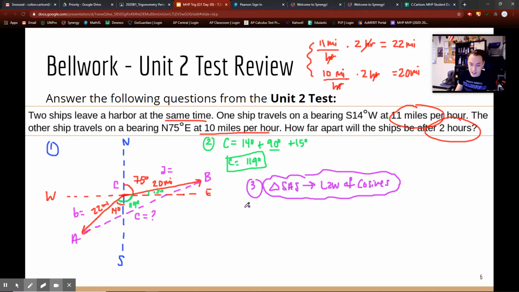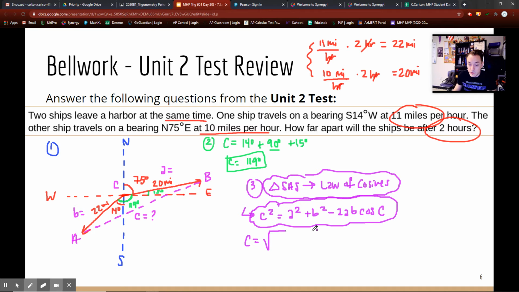Now, if I want to know C, I'm going to be using this formula: C squared equals A squared plus B squared minus 2AB times cosine of C. I know a lot of you probably created the SAS calculators and everything. I'm not going to show that on Desmos. I'm just going to do it by hand. You start solving this as such. I'm going to take the full square root.